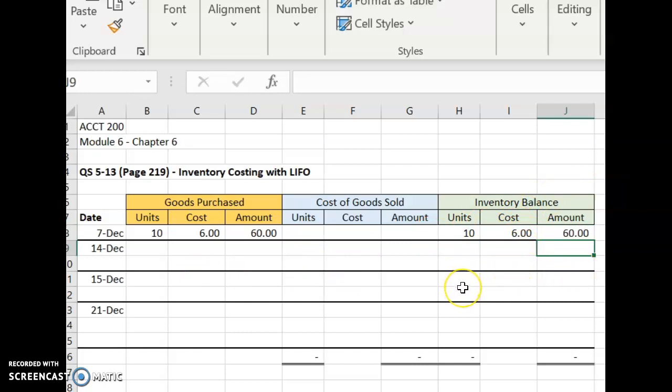On December 14th, we purchased 20 units, so I'm going to purchase an additional 20 units at $12. Extend that out. Now my ending inventory, I still have these 10 units. I haven't sold anything there. So I'm going to bring that all down.